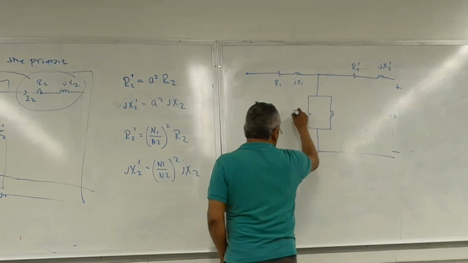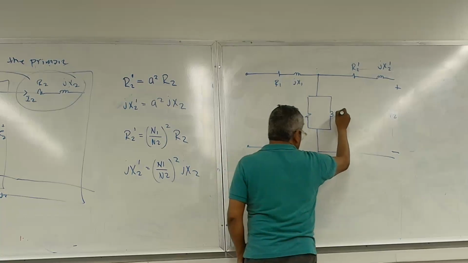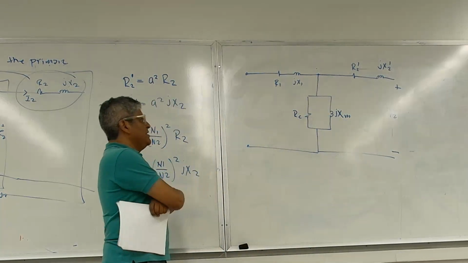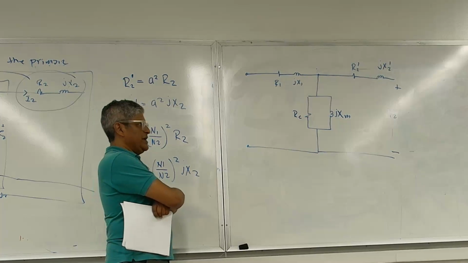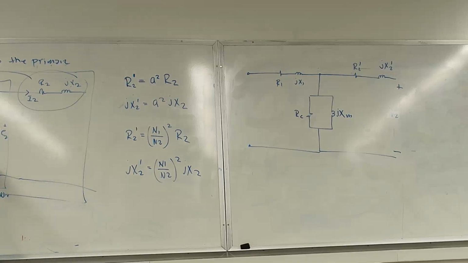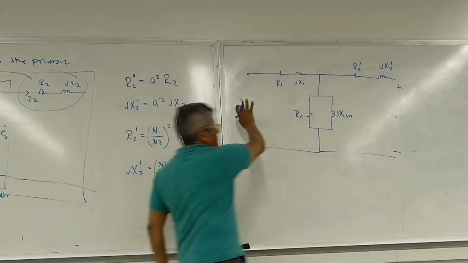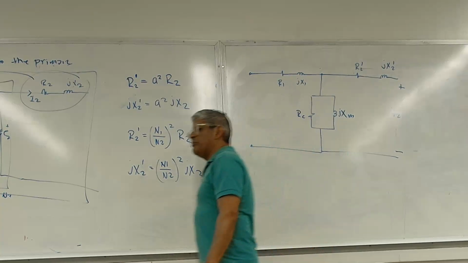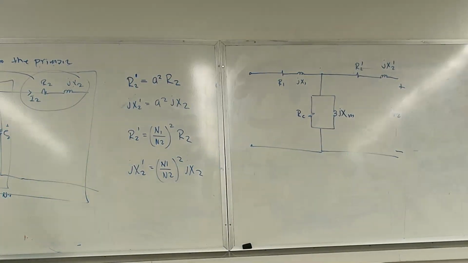And this is still our RC and JXM, your magnetizing branch. So again, we're moving all of that impedance to the primary side, and we end up with a circuit equivalent of the transformer on the primary winding voltage level, okay?